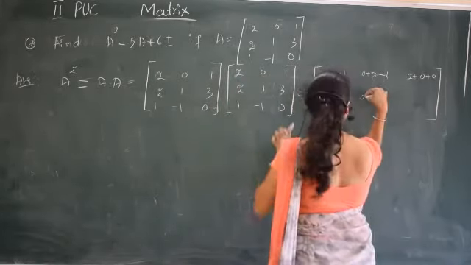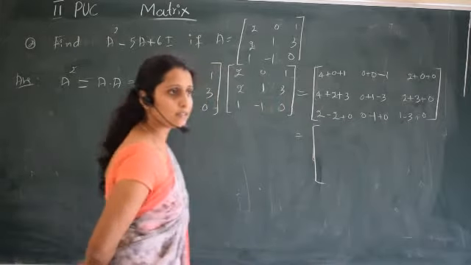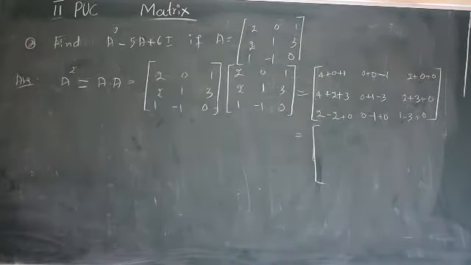What is the matrix we get now? We can see 3 by 3 times 3 by 3, the answer is also 3 by 3.